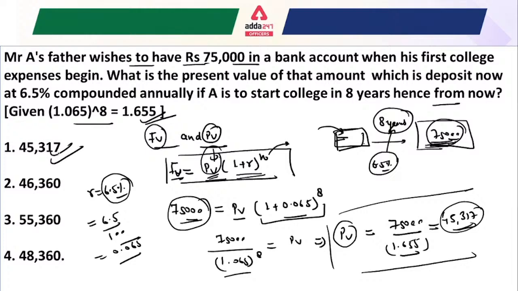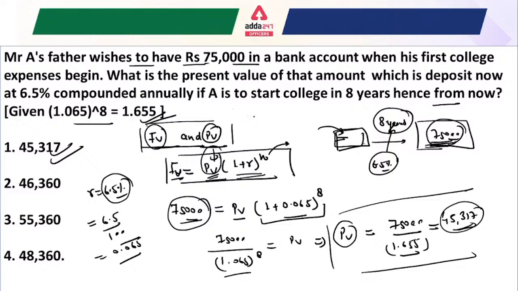One more thing I would like to include here: you always get a question related to future value and present value in the exam, so this is a very important thing to understand. You always have to understand the relationship between the future value and the present value.